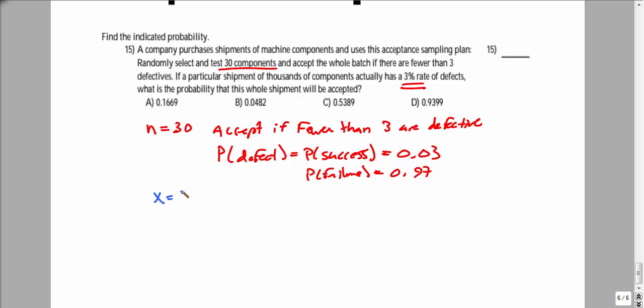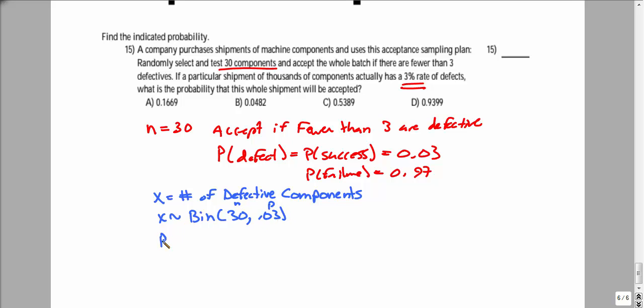X equals the number of defective components. So X is distributed binomially, N, P, so that would be 30, 0.03. Again, this is N and P.